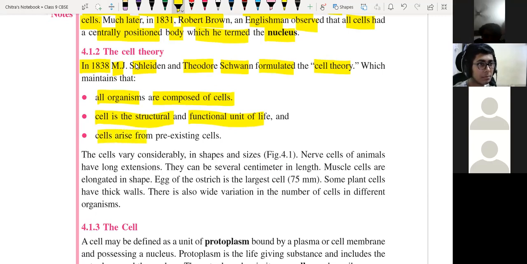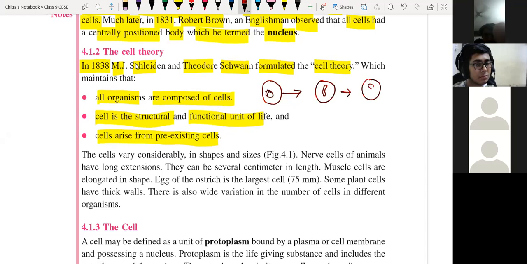And cells arise from pre-existing cells. Suppose we have a single cell. This cell undergoes cell division. Before cell division, nuclear division takes place. The nucleus elongates like this, and with further elongation becomes like this, and ultimately two daughter nuclei are formed inside the cell.